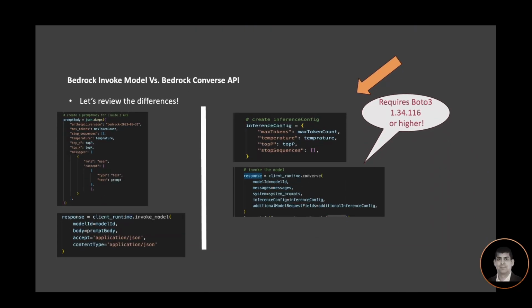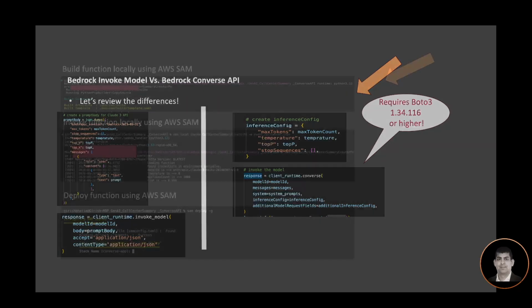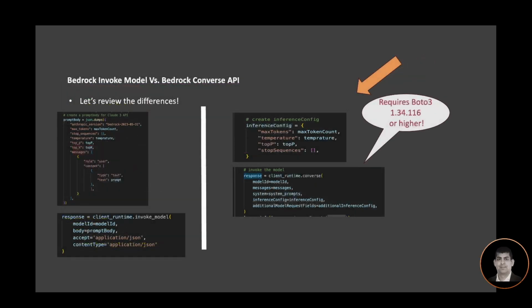In this slide, let's look at the subtle differences between the invoke model and the Bedrock Converse API. Invoke model is still supported. It's another way for you to invoke the Bedrock API, which again uses the underlying foundation model. The Converse API is the newly released API.